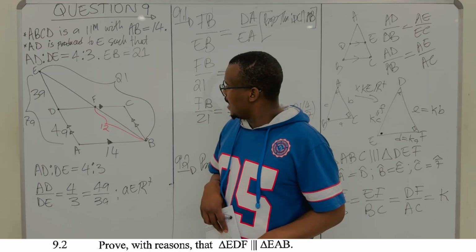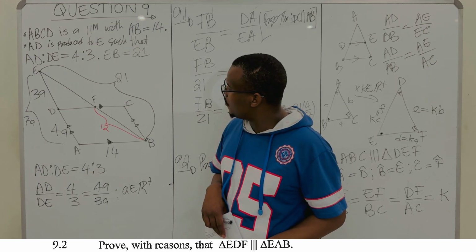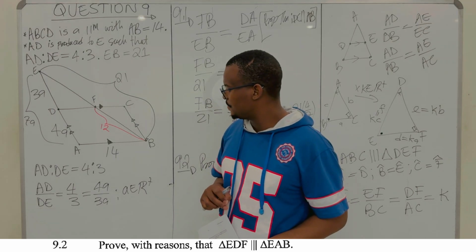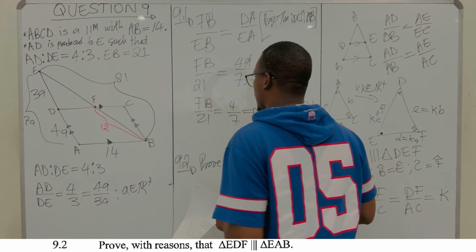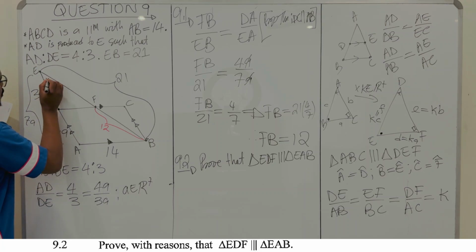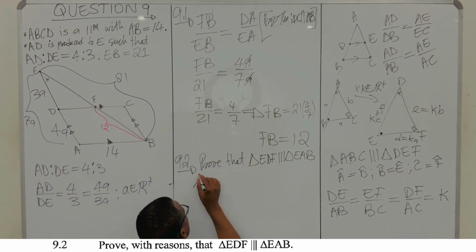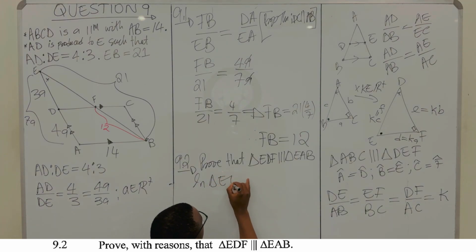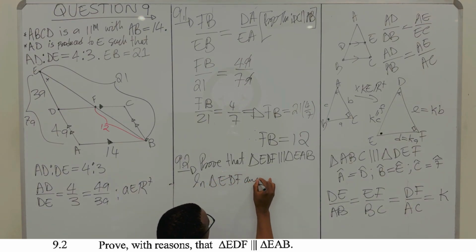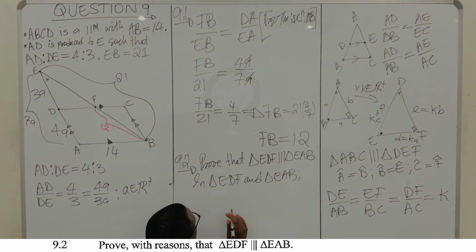In this case, what do we have? We want to prove that these two triangles are similar. No problem. So look now, in triangle EDF and triangle EAB, I'm looking at these two triangles.